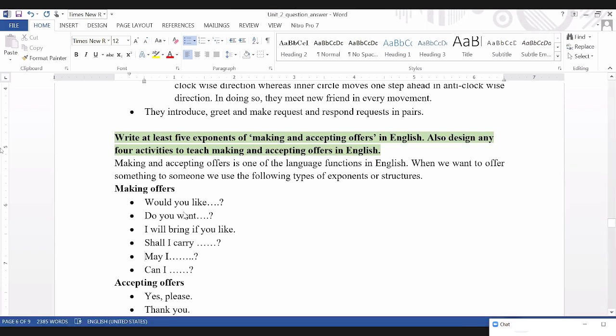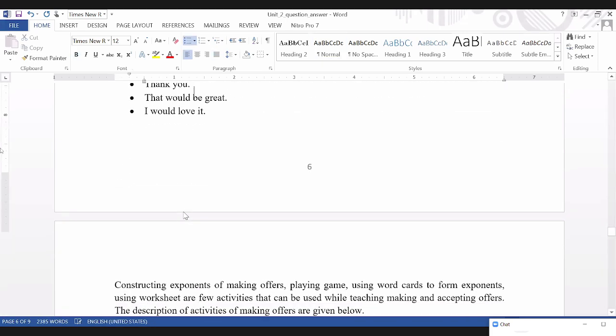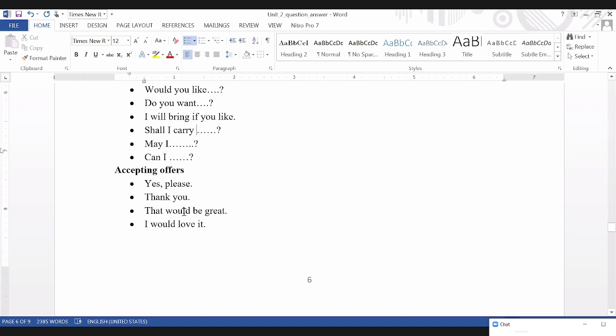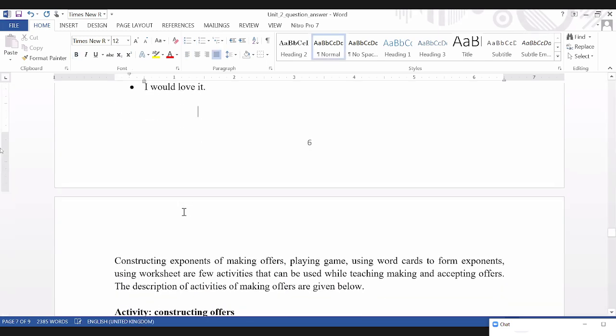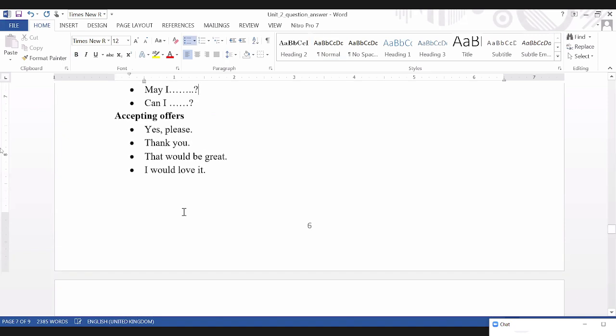So these are structures of offers we can use while offering something to someone, and responding to offers or accepting offers: yes please, thank you, that would be great, I would love it. These are some possible responses to offers.